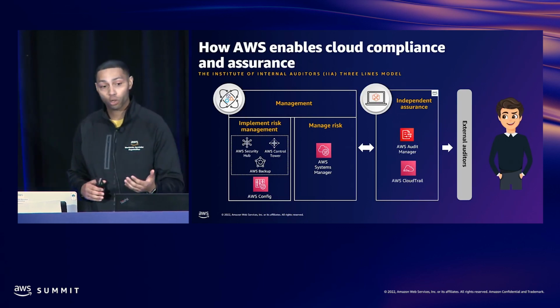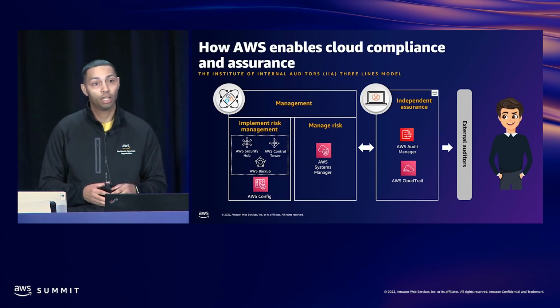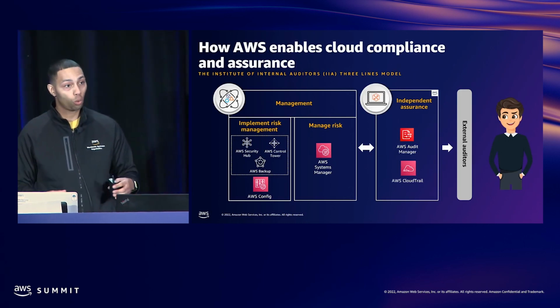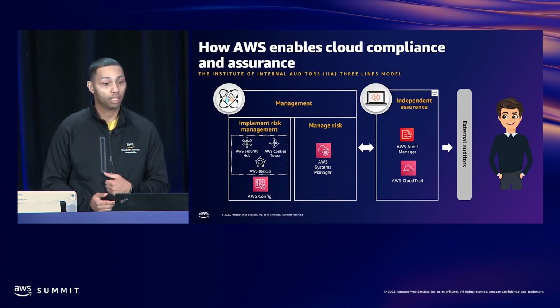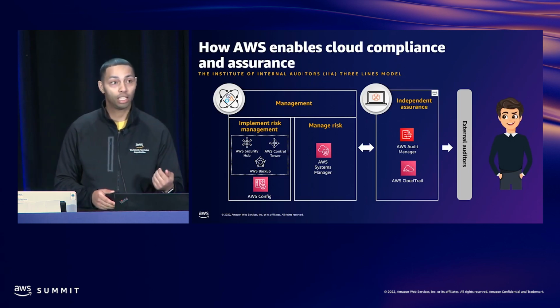You see services like Control Tower and AWS Config. Here we are enabling those controls and guardrails in our environment to make sure that we maintain compliance. In that second line, we have AWS Systems Manager.